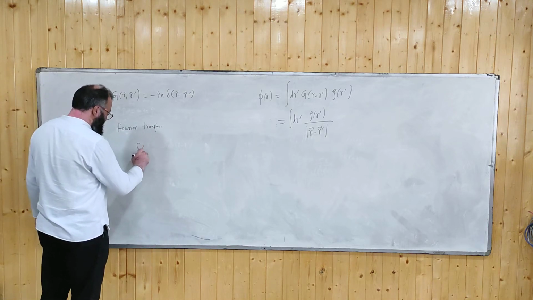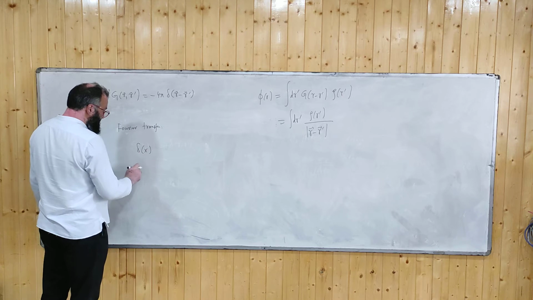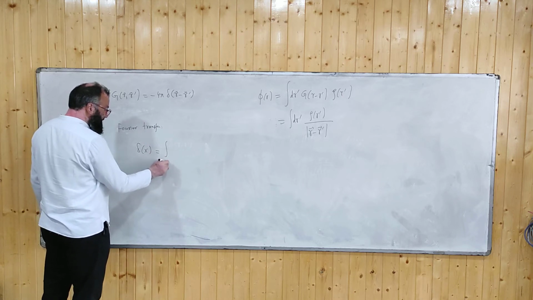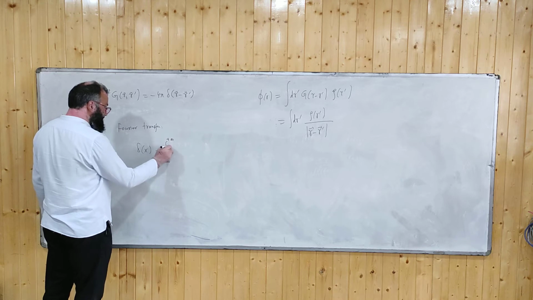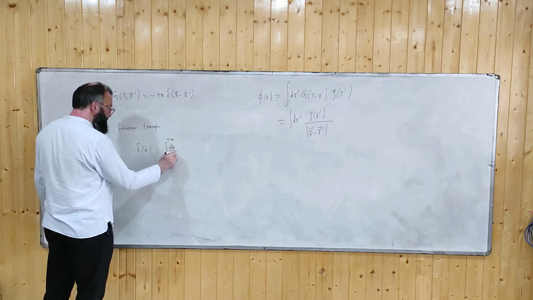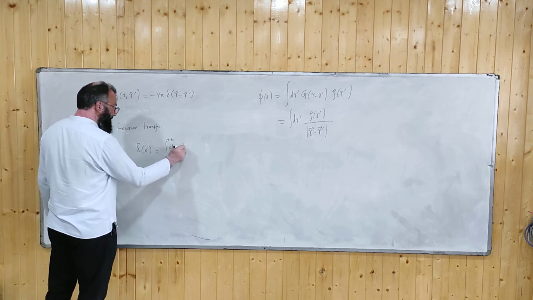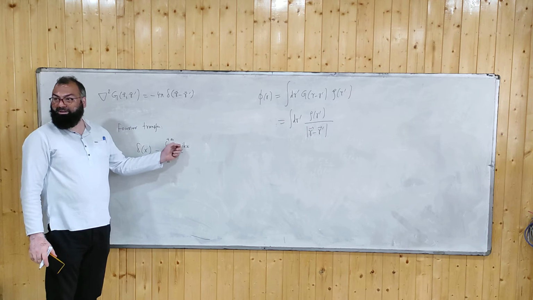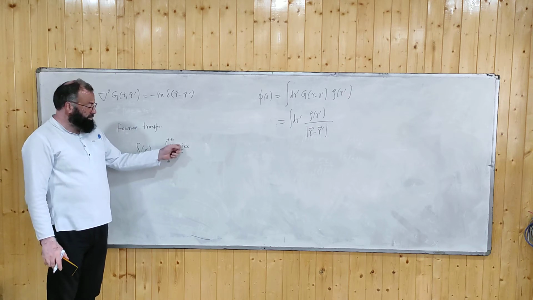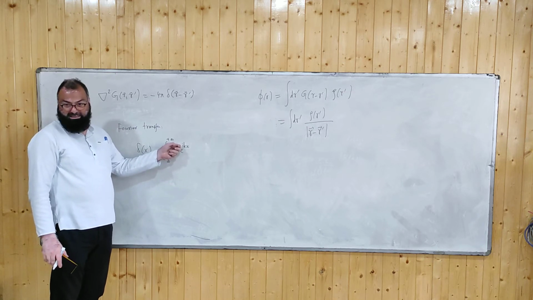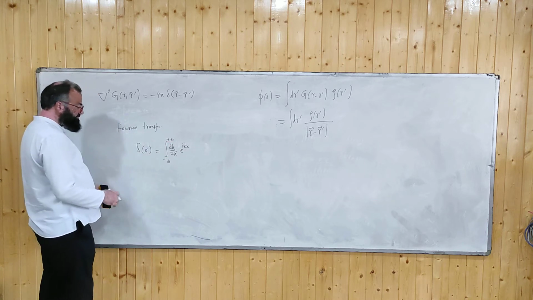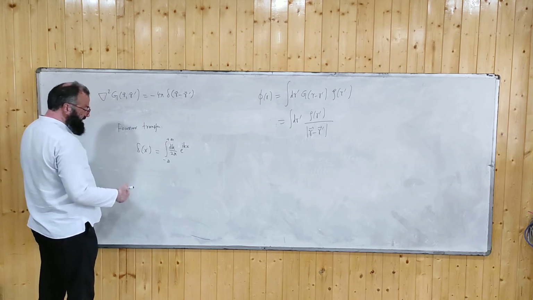For a one-dimensional delta function, it is the integral of dk by 2 pi, e raised to plus or minus i k x. For the delta function, there is no problem with the sign, it can be both plus as well as minus. So this is a one-dimensional delta function.